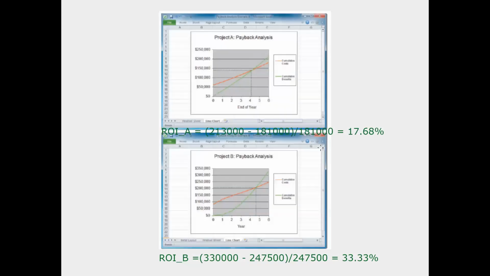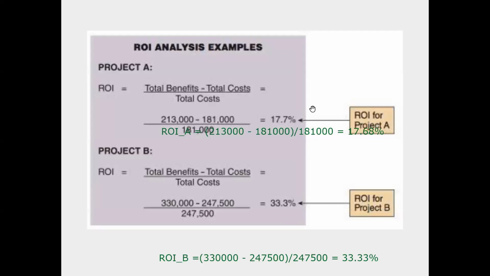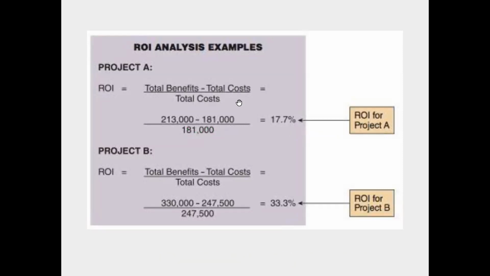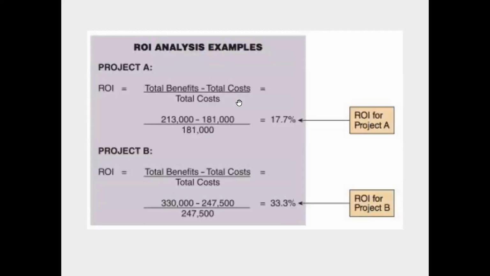Right. So when you look at ROI, we will get something like this. Return on investment, ROI. Project A: total benefit, subtract total cost, divide by total cost.